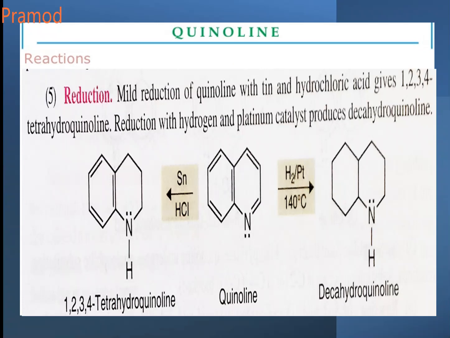It undergoes reduction. In the presence of tin and HCl, you get 1,2,3,4-tetrahydroquinoline. When you react it with tin and HCl, your pyridine ring gets reduced to 1,2,3,4-tetrahydroquinoline. Whereas if you treat it with platinum and hydrogen at high temperature, your entire ring gets reduced and you get decahydroquinoline.